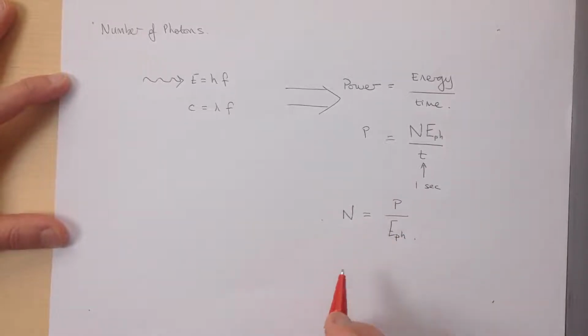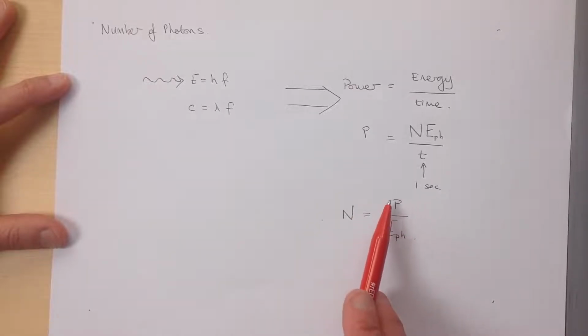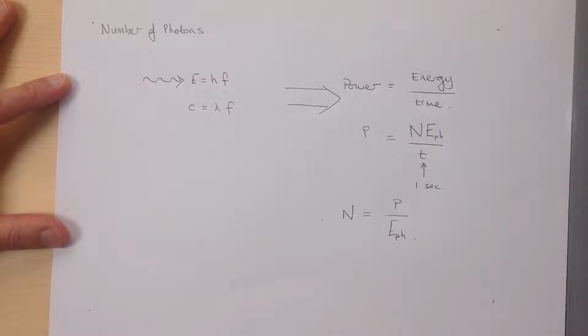And this comes up a lot, and it comes up when we're dealing with momentum of photons, which I want to go over in a second. And so if we know the number of photons, we know the energy of the photons, we can work out the power.